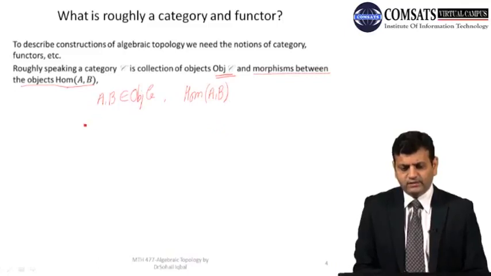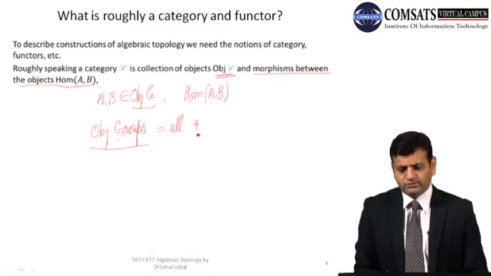If A and B are groups, and we are discussing the category of groups, which we denote by Groups, the objects of the category are all groups.